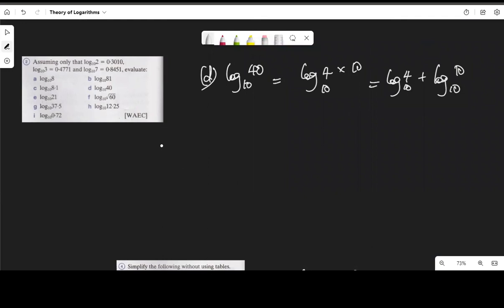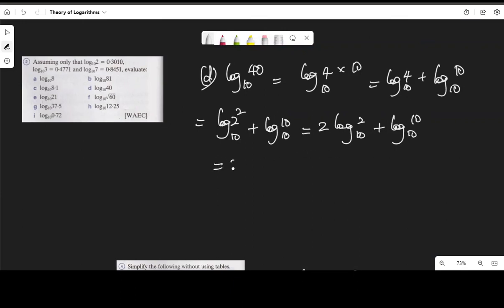Now log 4 we can write as log 2 to the power 2 to base 10 plus log 10 to base 10, which is 2 log 2 to base 10 plus 1. That is 2 multiplied by 0.3010, which is 0.6020, plus 1, which is 1.6020.